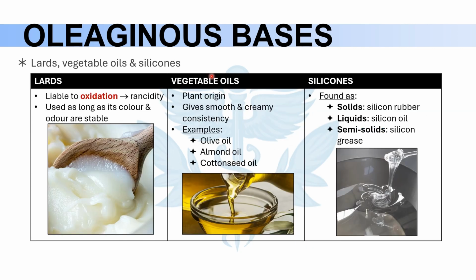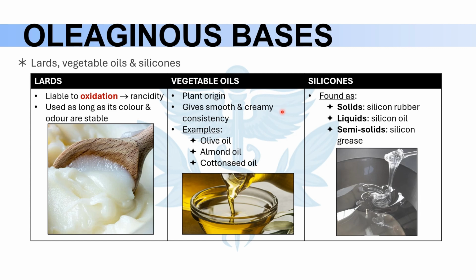Last, we have lards, vegetable oils, and silicons. Lards are liable to oxidation and become rancid. That means that they produce an unpleasant odor, and therefore they are used as long as their color and odor are stable. And as you can see from this diagram, lards have a consistency similar to butter. Vegetable oils are of plant origin.